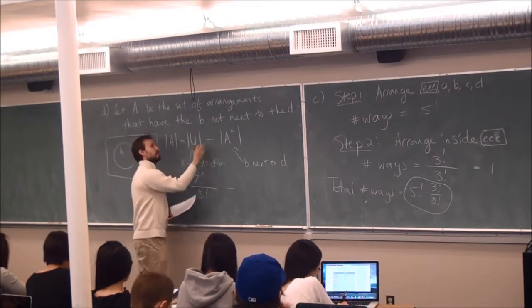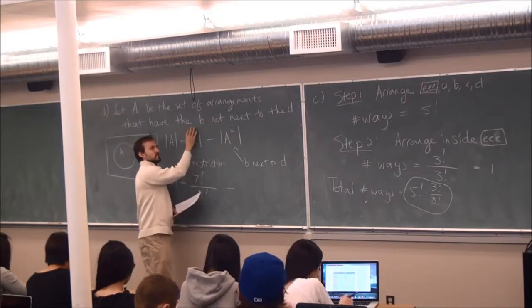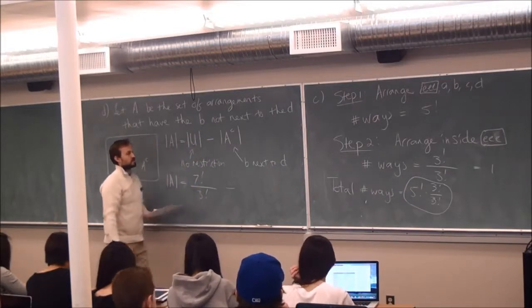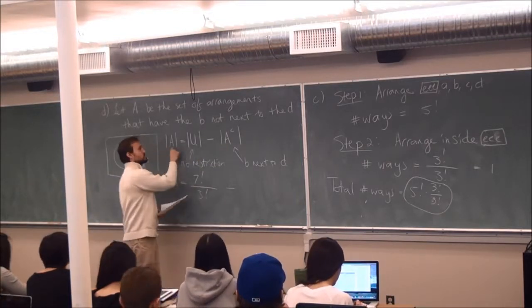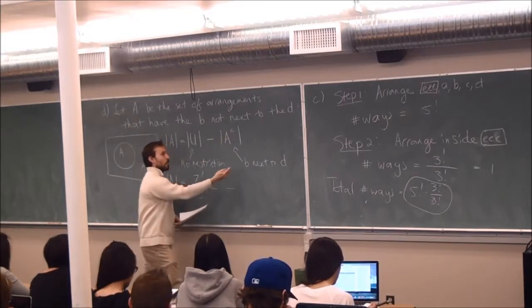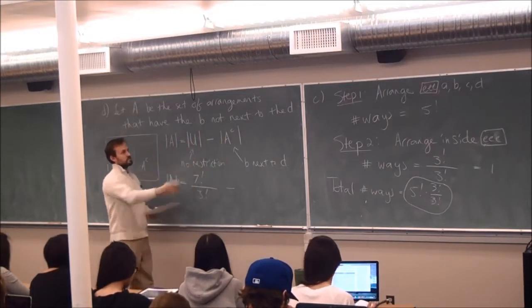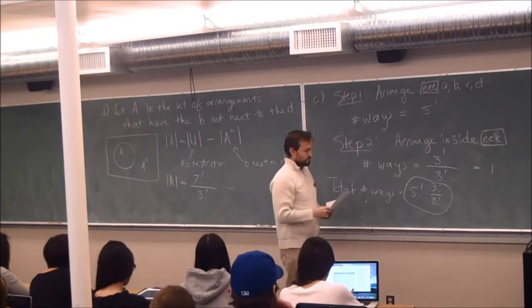I have 2 parts in the indirect approach. But it's not really more work because this no restriction one is always going to be straightforward. It's really only this guy. So I choose whichever one's simpler. This guy, the complement is simpler because now I want things next to each other and we just did 2 examples like that. And those are reasonably straightforward.